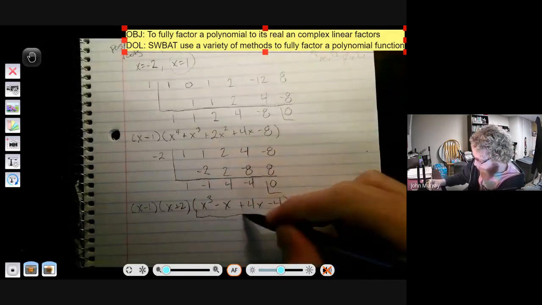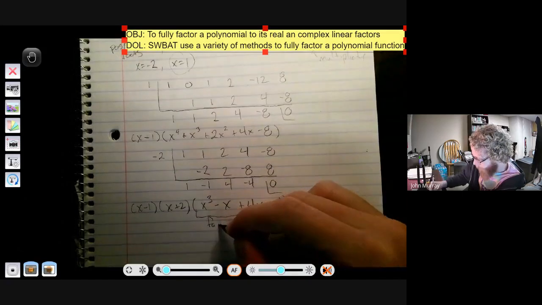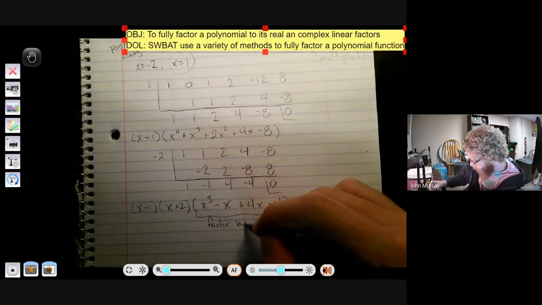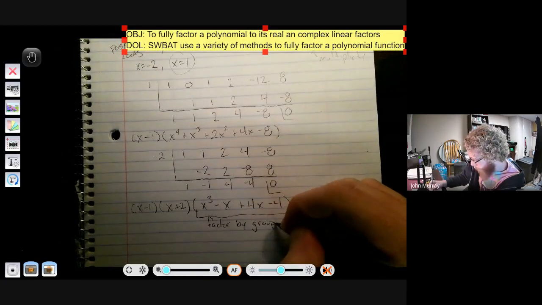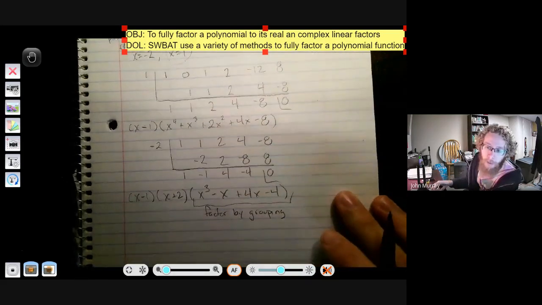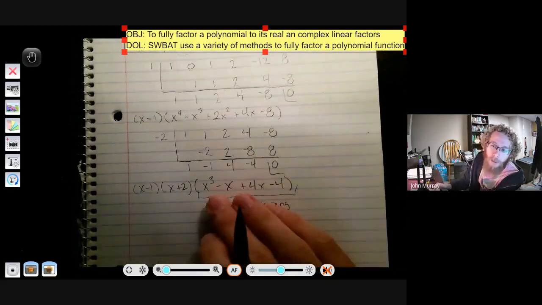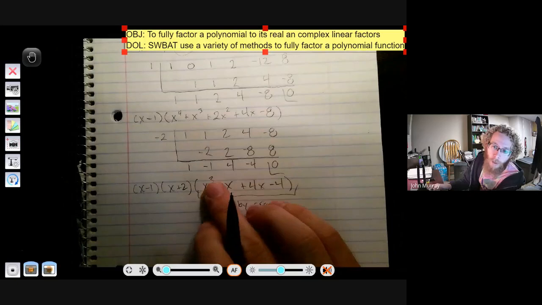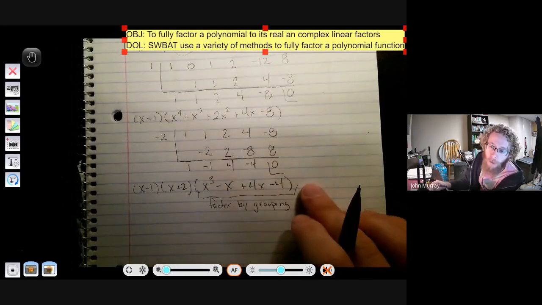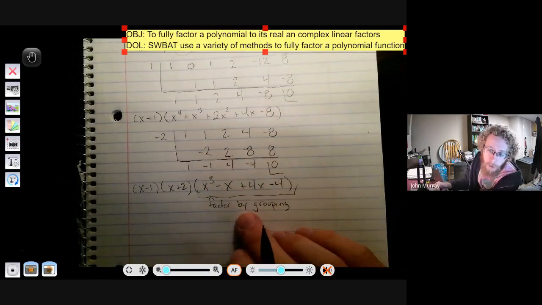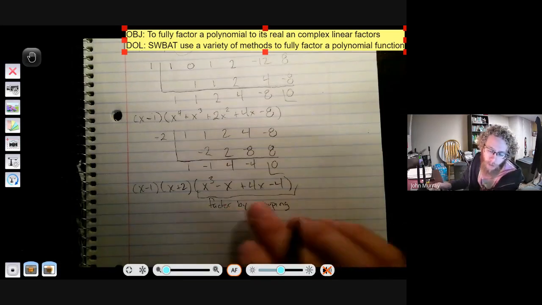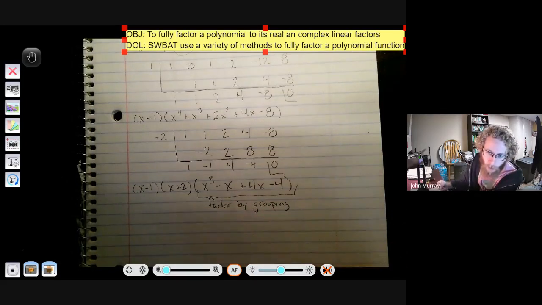So looking at this, okay, we can use factor by grouping because it is a cubic with 4 terms. That is one of the only times that you can use factor by grouping. This is a very specific method that we can't always use.